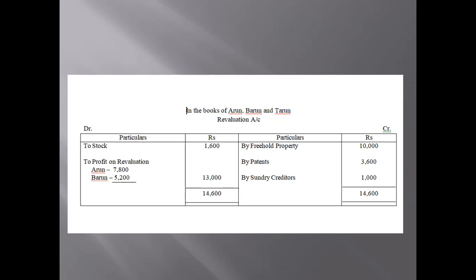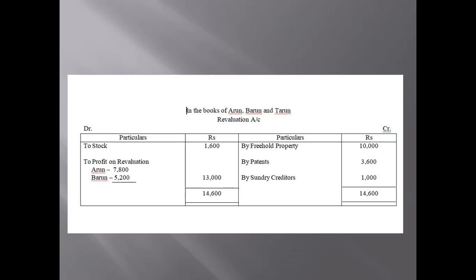Okay, but goodwill we will not write. Remember, this goodwill is a very important thing, and while going through the questions of goodwill, I already mentioned that this goodwill is important till we do this dissolution chapter.